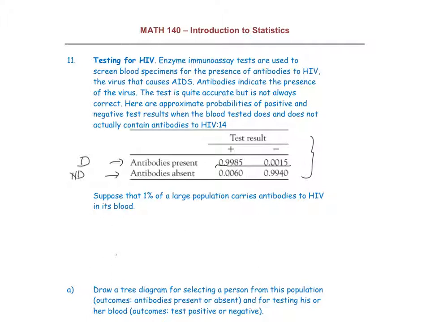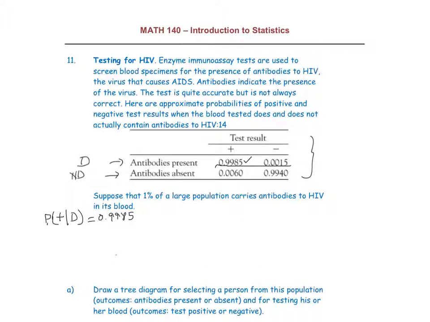So let's look at 0.9985. So that's our first probability. It's the probability that someone shows positive and we know that they have the disease. So the probability of showing positive knowing that someone has the disease is equal to 0.9985.